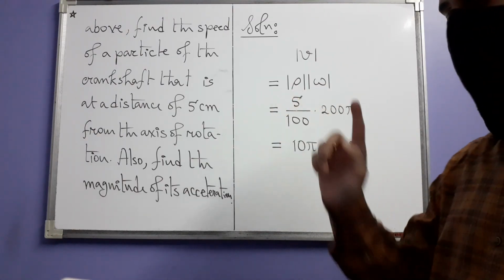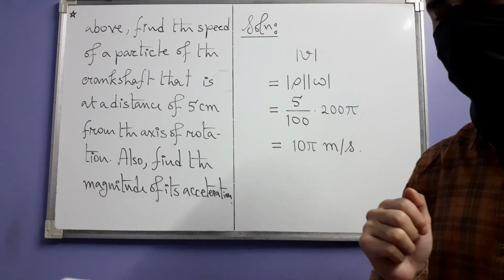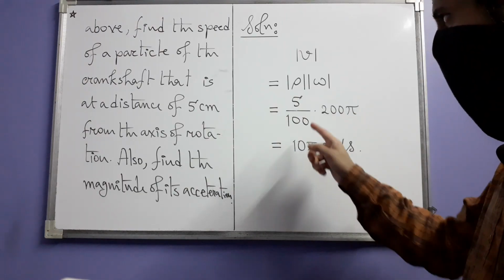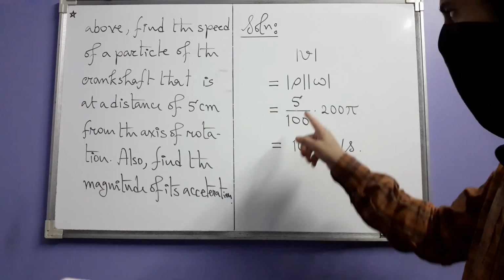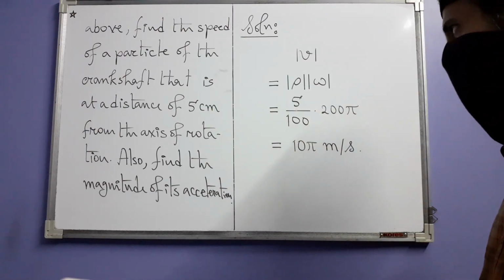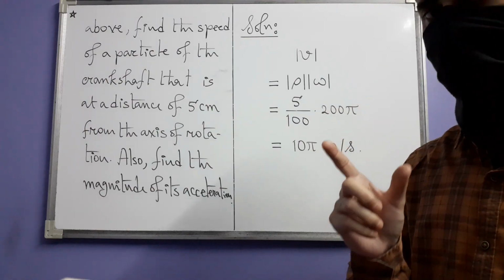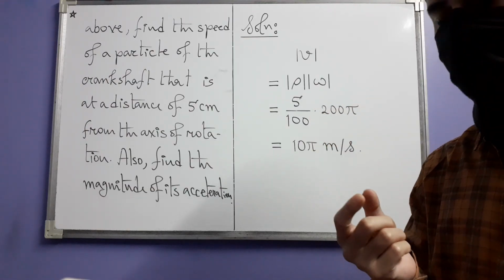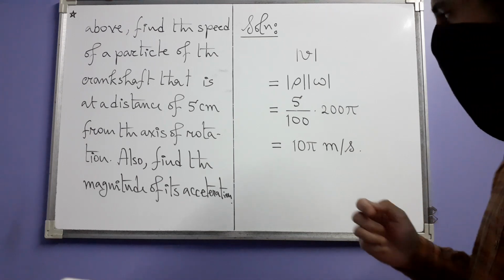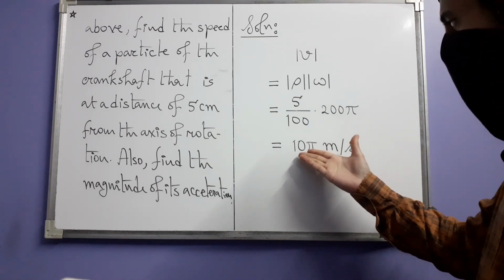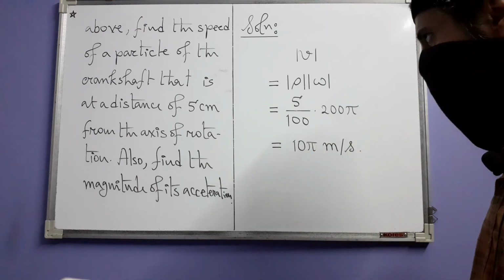Rho is the distance of the particle from the axis of rotation, that is 5 cm, or if we convert into meter, 5 divided by 100 meter. And this value, if you go back to the previous example and do the simplification, the numerical value becomes 200 pi. So this is your speed, 10 pi meter per second.